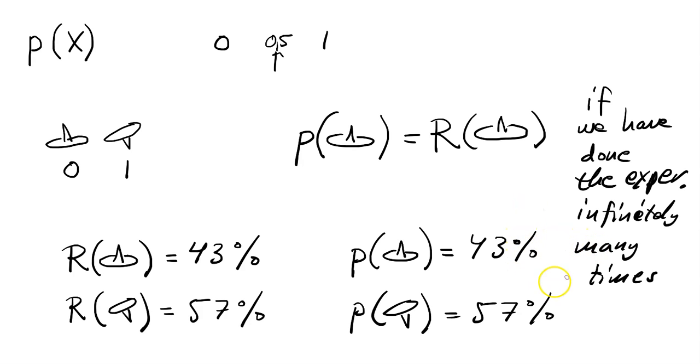For example, say we've thrown it millions of times. Then we expect this to be the case. And more generally, the probability of an event is equal to the relative frequency of that event happening.